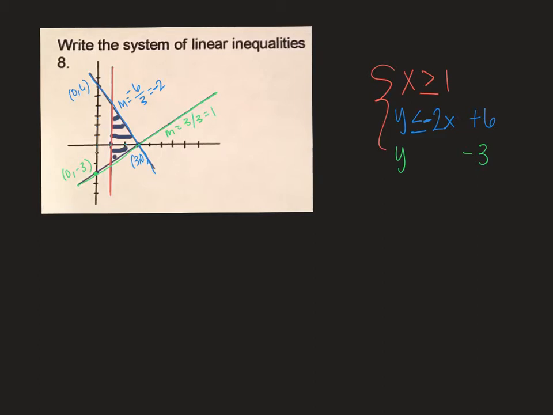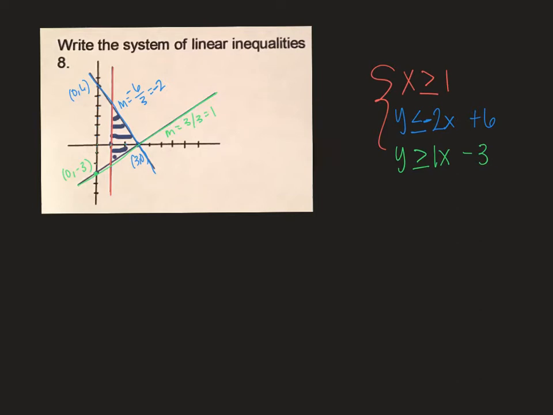So it's a slope of 1x. Remember, you can put the 1, you don't have to put the 1. It's shaded above that line, so above would be greater than, and it's a solid line, so it has the or equal to.